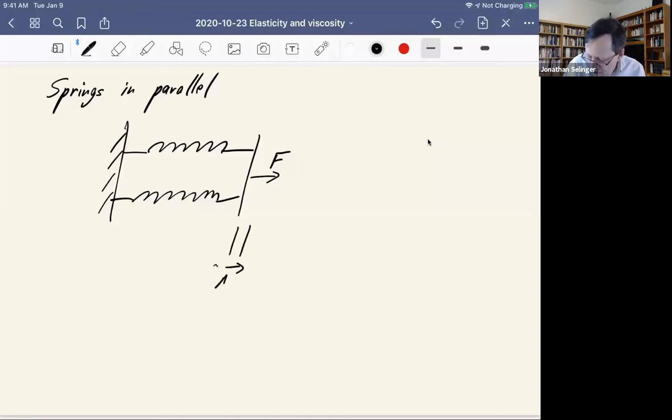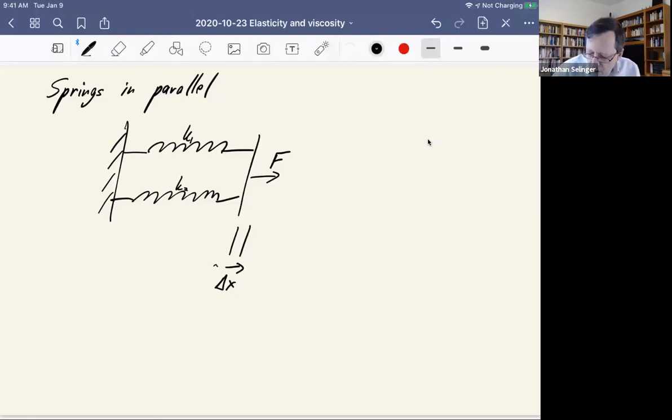Let's say these springs have spring constants K1 and K2. So they both extend by the same delta x because they're being held in parallel and stretched together.